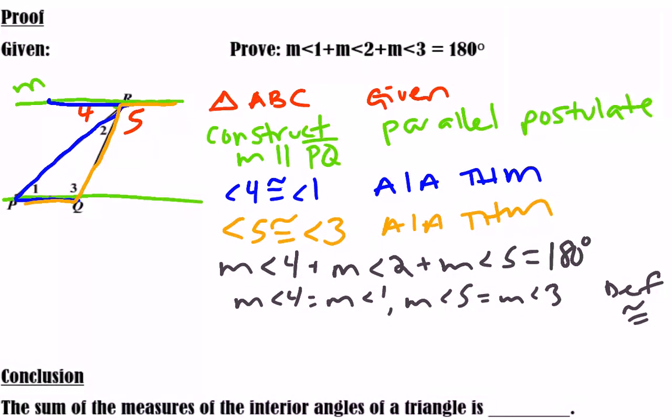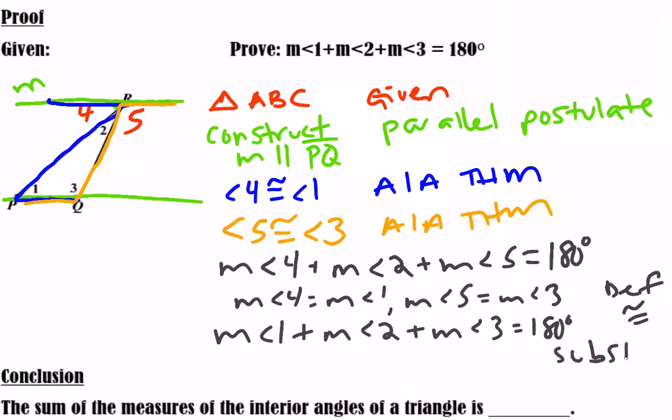And then by substitution, I can conclude that the measure of angle 1 plus the measure of angle 2 plus the measure of angle 3 equals 180 degrees. So that would all be by substitution. All that to say something that you've already been doing, which is the sum of the angles in a triangle is 180. So let's look at that in a few problems.